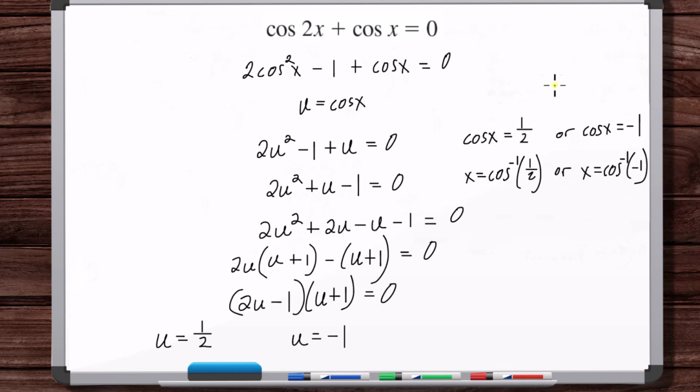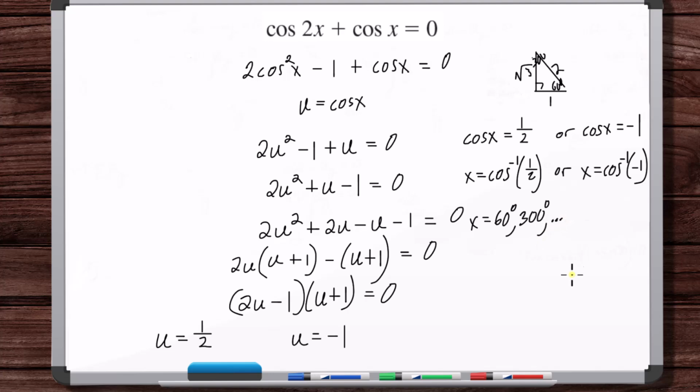Okay, so let's see. We've got the 30, 60, 90 triangle, 1, root 3, 2. So cosine of 60 is 1/2. So we've got 60, and then cosine is positive in quadrant 4. What angle in quadrant 4 has reference angle 60?